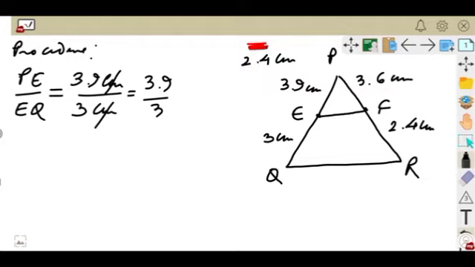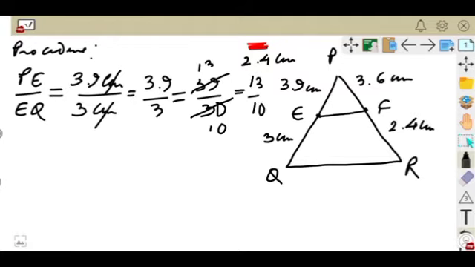If you multiply both 3.9 and 3 by 10 each, then you'll be getting 39 by 30. Now you can cancel. You get 13 by 10.